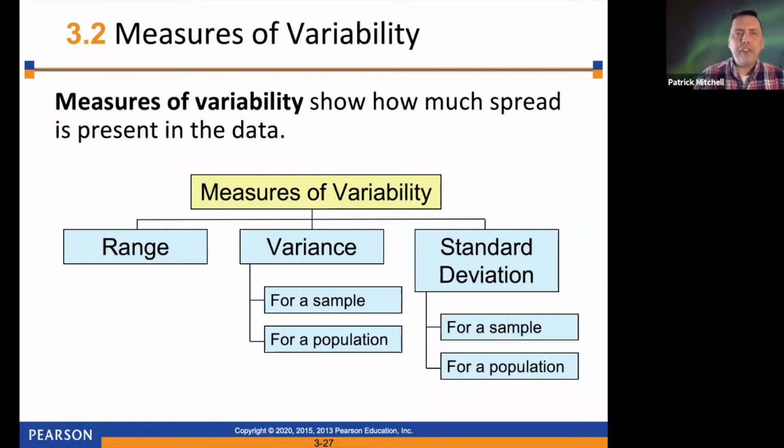We're continuing with Chapter 3 today and talking about Section 3.2 on measures of variability. Measures of variability show how much spread is present in the data. If you think back to the last section, we looked at this little example of finding the mean, where one sample had values 999, 1000, 1001, and the other one had values 0, 1000, 2000.